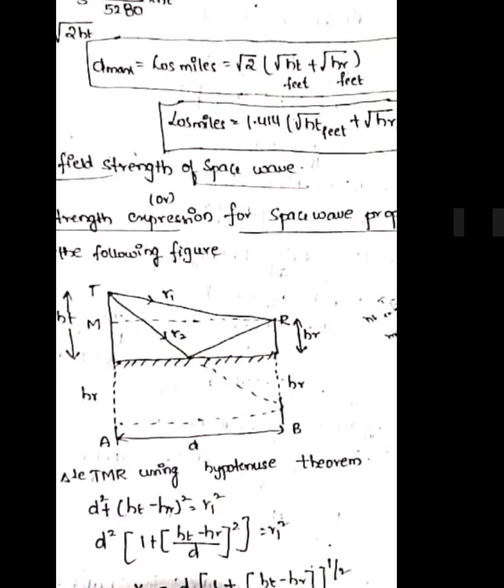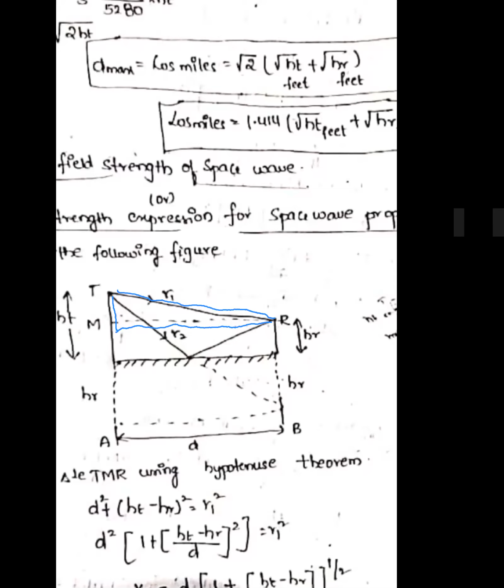One triangle regarding the direct ray, another triangle regarding the indirect ray. Now see the direct triangle. This is the triangle regarding the direct ray, TMR.